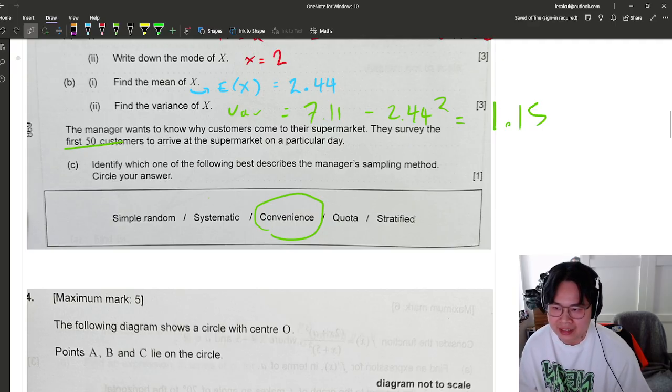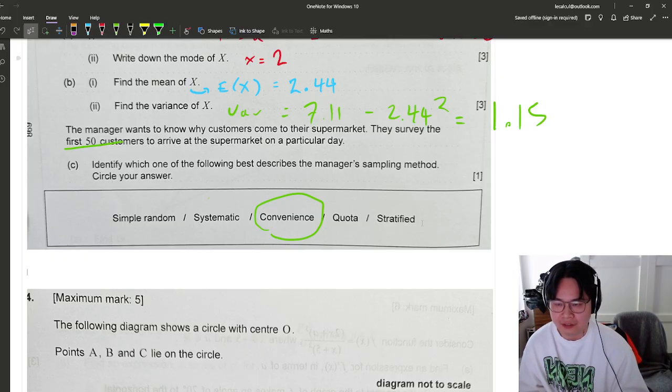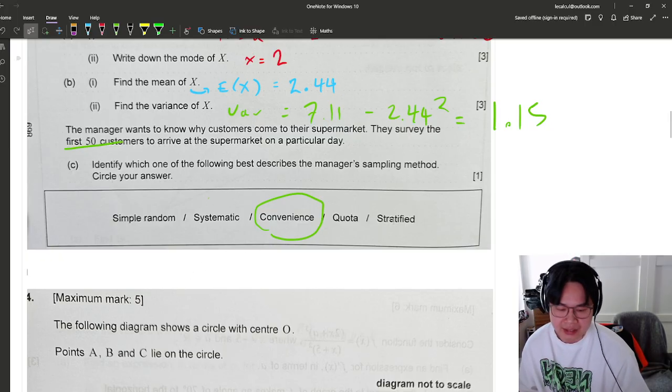And then stratified is like you split them into natural groupings, and then you select a little bit from each group. Natural groupings, as in things that exist within the structure of the people you're sampling.